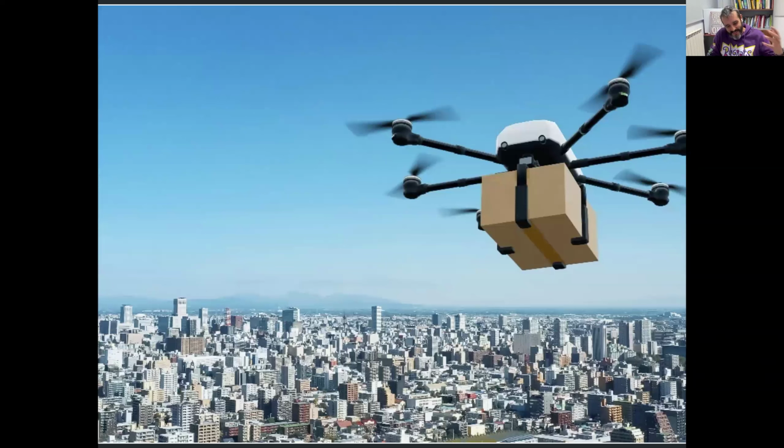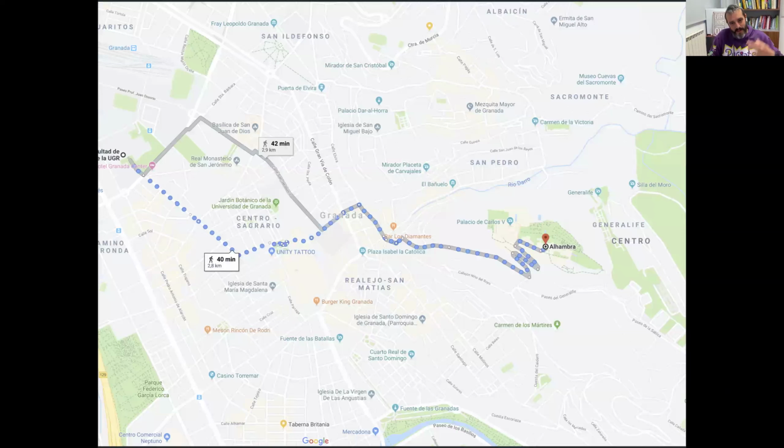Also for drone deliveries, which Amazon is now trying to incorporate to deliver goods, and they are doing some pilot experiments in Chicago and other places, trying to find out how to deliver an order in less than 3 hours. So optimization is useful there.